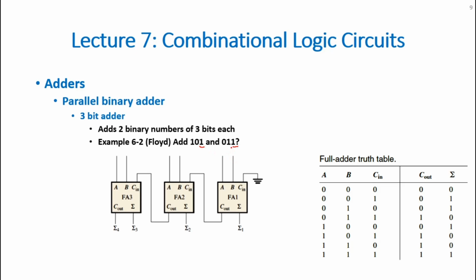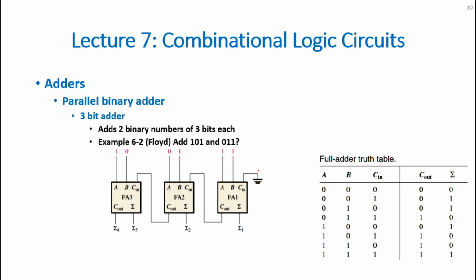So here we have 11 input to this one, then the middle bits will be added in this adder, and finally the most significant bits will be added in the FA3 adder. So here we can see the combination 11, 01 and 10.